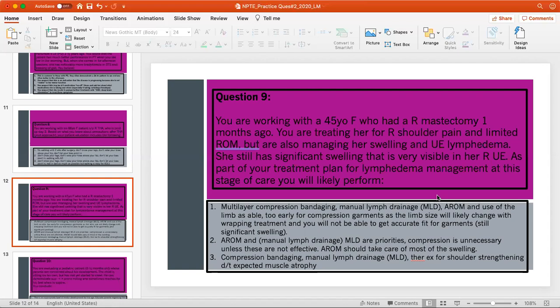My instinct says number 1. Okay, talk me through that. Why do you think number 1? I mean, her mastectomy was pretty recent. And if she's got the lymphedema, we need to work on getting that fluid out of her arm.